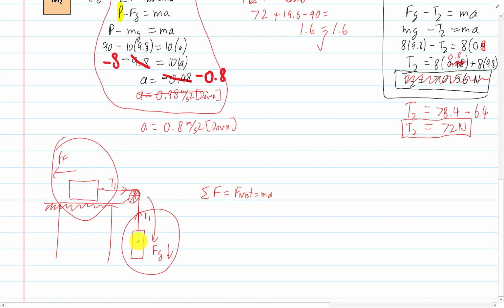We'll call this guy number 1, that's number 2. We'd get the force of gravity of number 1, subtract the force of friction of number 2, equal to the mass of the system, which is M1 plus M2, times the acceleration. And away we go. The system is the only difference, because this one just has a free body diagram like the one above.